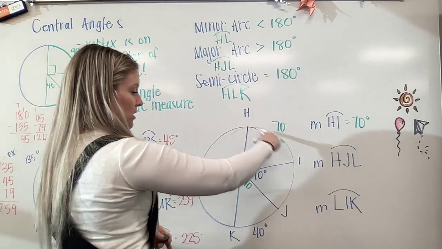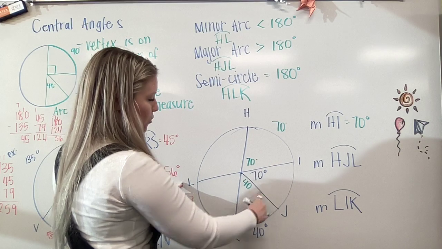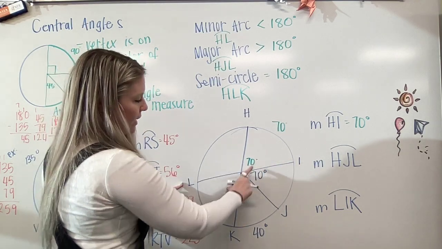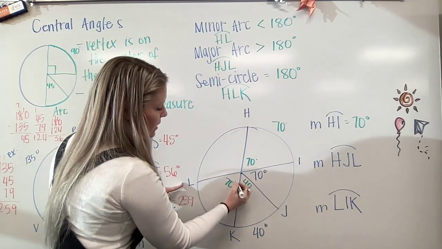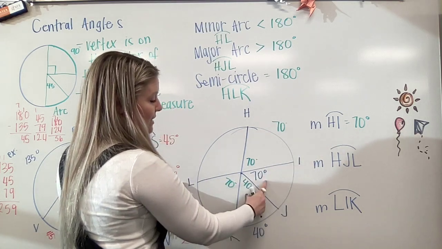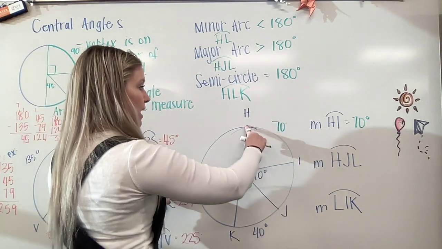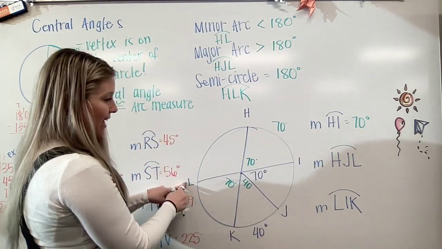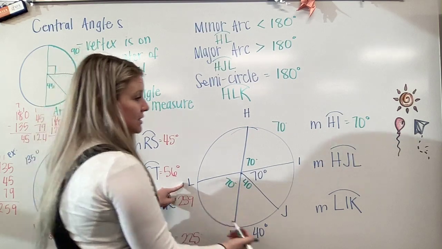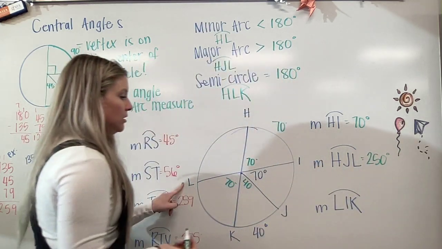Then I've got H to J to L. All right, so I have 70, 40 vertical angles here. This is going to give me 70, or again, I have my diameter, which is 180. So I had 70 and 40. That one's also going to be 70. So H to J to L, I'm going to have 180 plus 70. So that's going to be 250.